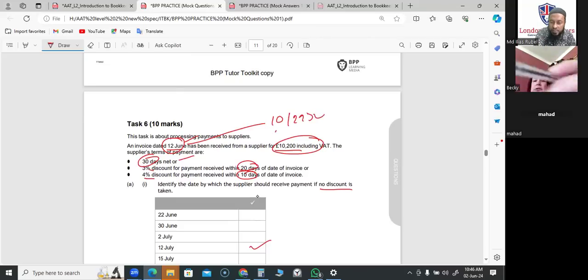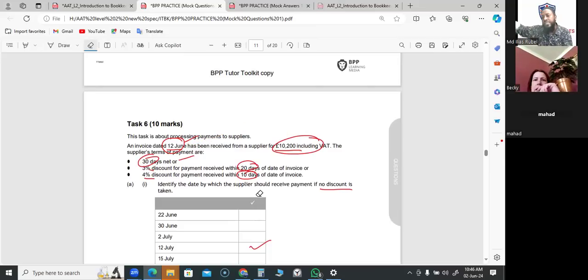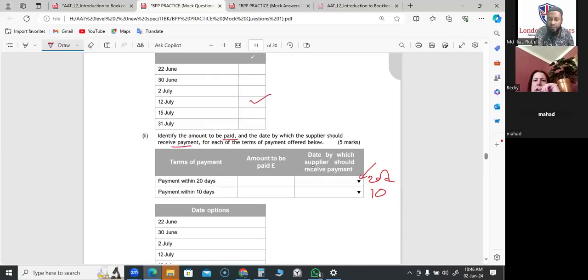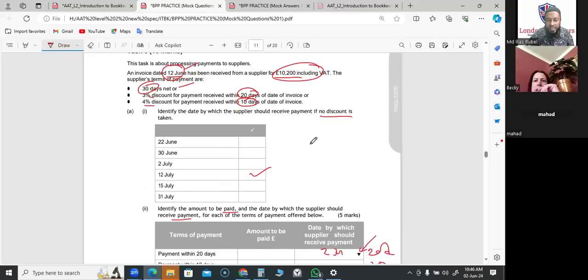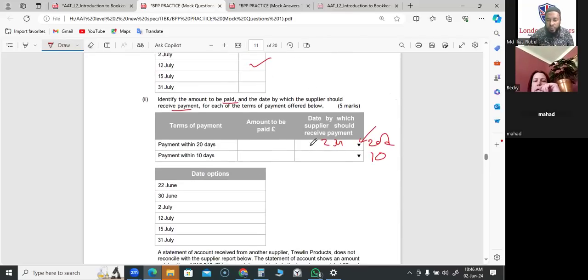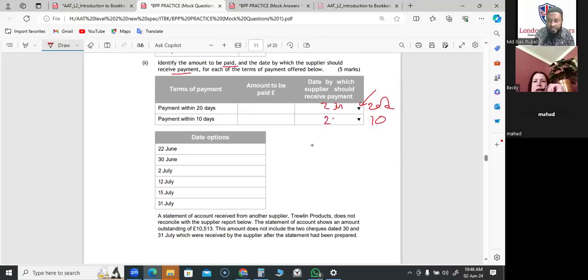If you go 20 days ahead from 12 June, what is the date? 2nd of July. 2nd of July is the answer, yeah? And from 12 June, if we go 10 days ahead, it is the 22nd of June, isn't it? 22nd June. And this is July.